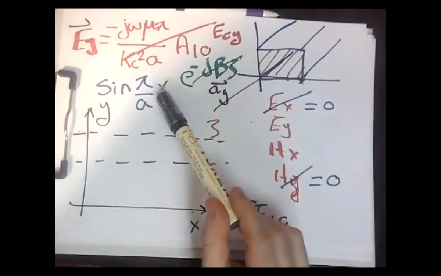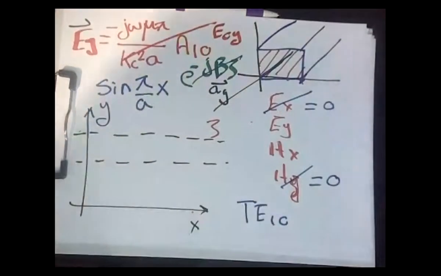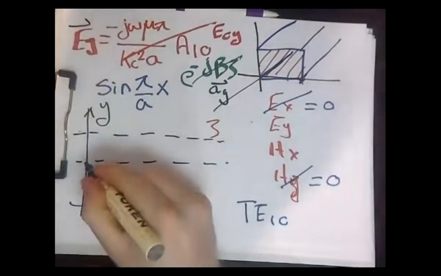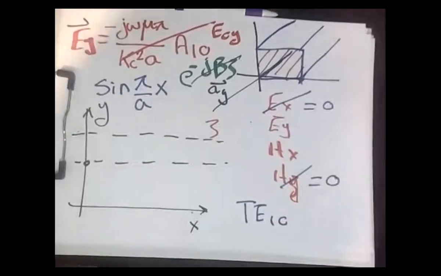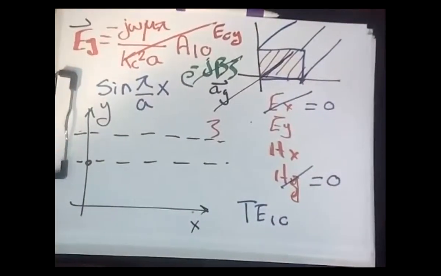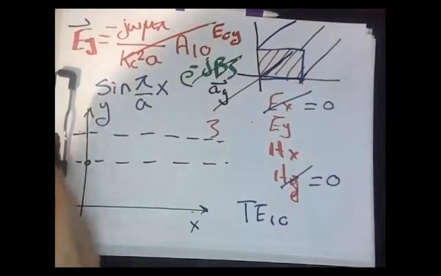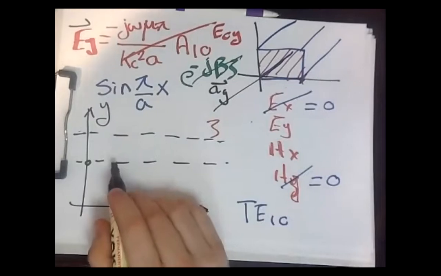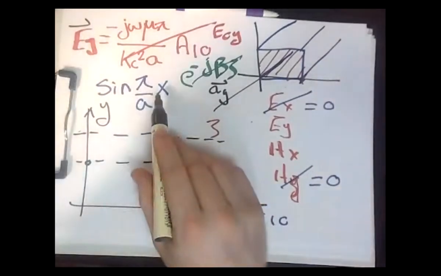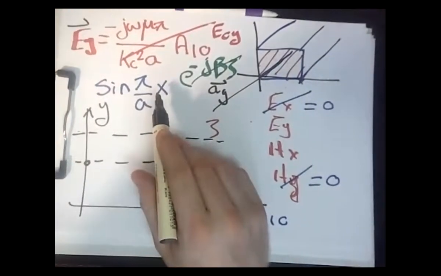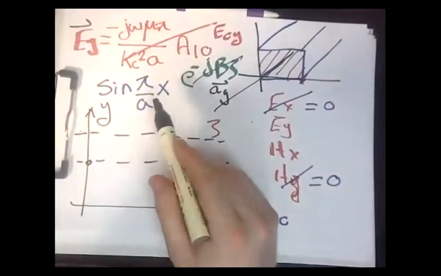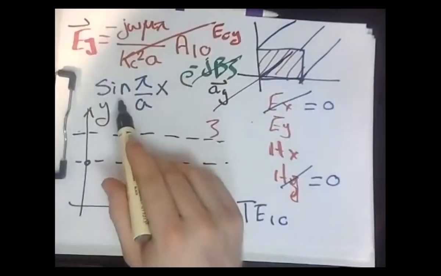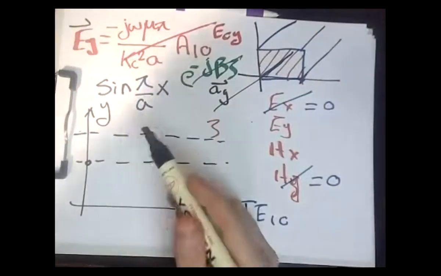For x equals 0, sine 0 is equal to 0, so I should expect a 0 value here. Whenever x is equal to 1, for example, the equation starts to have some values. This value most probably will be negative because of the negative sign in the equation, and the sine is positive.